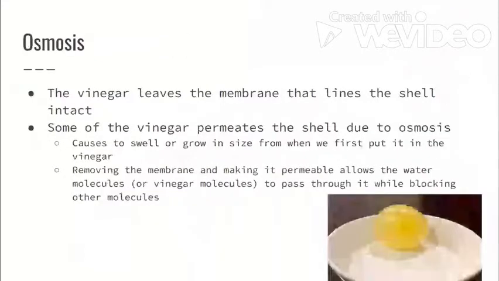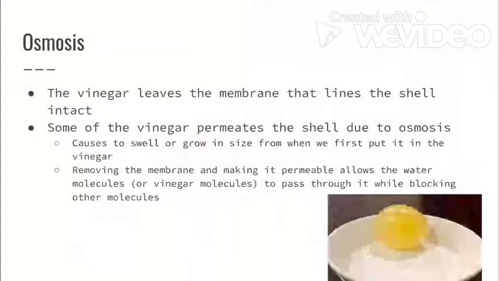Now, taking it a step further and knowing that this is a chemical reaction, that the vinegar actually dissolves the outer shell, there's also osmosis going on right here. When the vinegar leaves the membrane, it leaves the membrane intact.